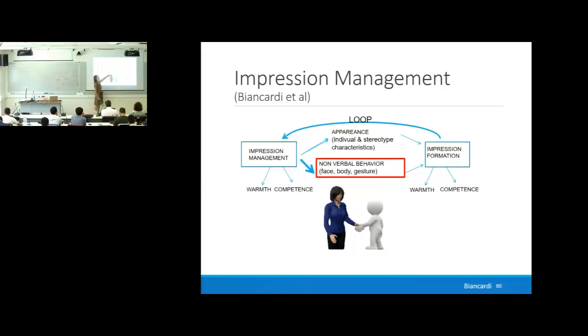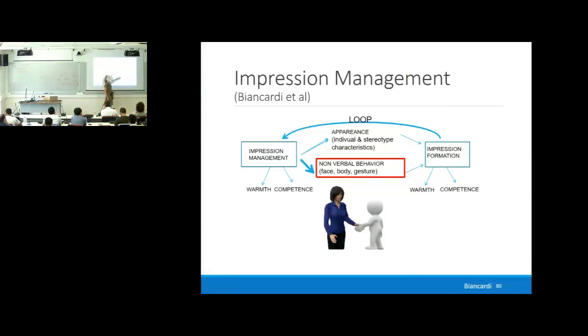But also from the non-verbal behaviors. Okay, so here what we have is a loop between the type of non-verbal behavior or even the appearance that will provide information. It will provide information, but through your behaviors, you can manage the impressions you give.